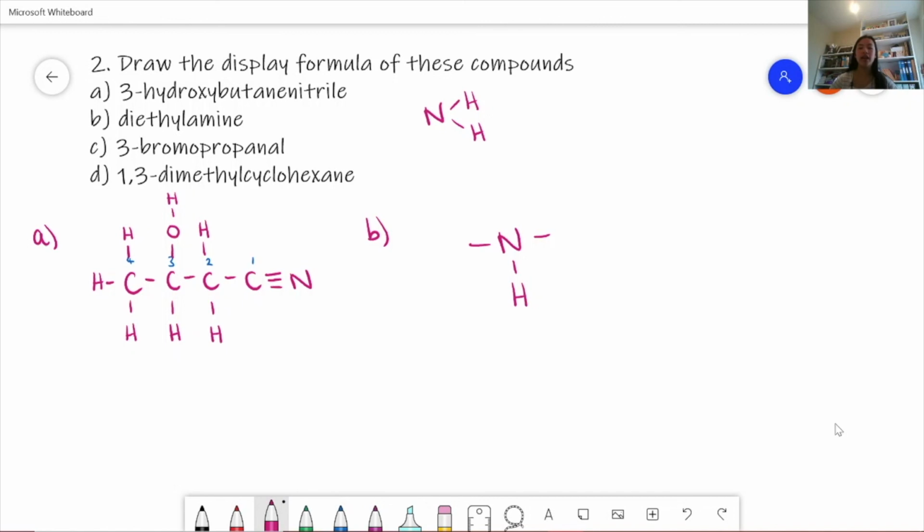A secondary amine would be a nitrogen with a hydrogen and 2 of these R groups, and a tertiary amine would be nitrogen attached to 3 alkyl groups. And this diethylamine turns out to be a secondary amine. And so we have only 1 hydrogen, and then we have 2 ethyl groups. An ethyl is 2 carbons and the rest hydrogens.